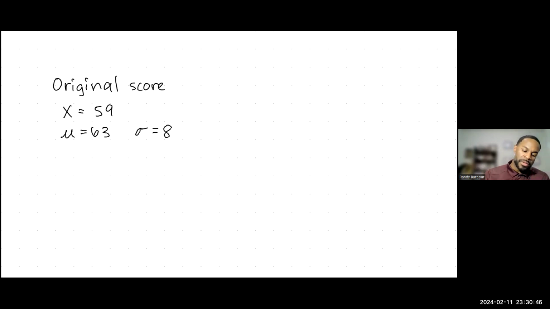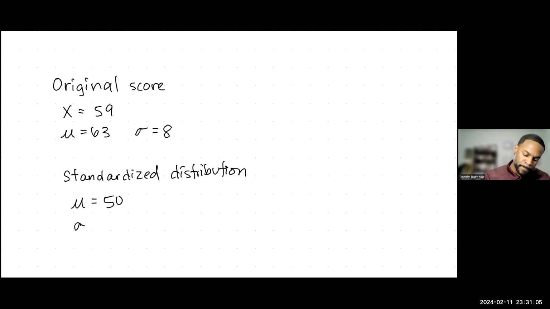We know our standardized distribution has a mean of 50 and a standard deviation of 10. Given that information, the first step in turning this 59 into a standard score on the new distribution is to find the z-score.